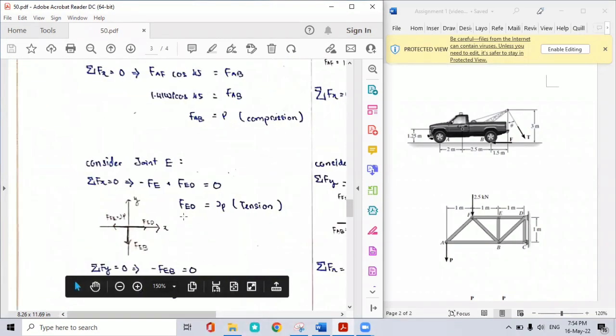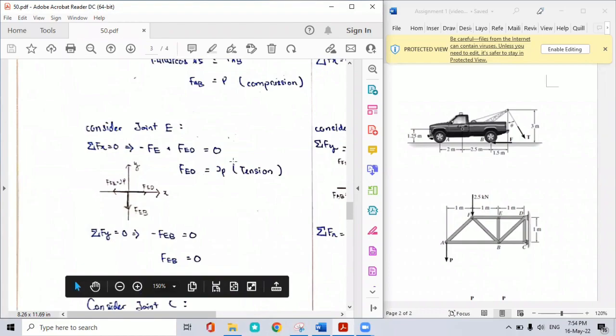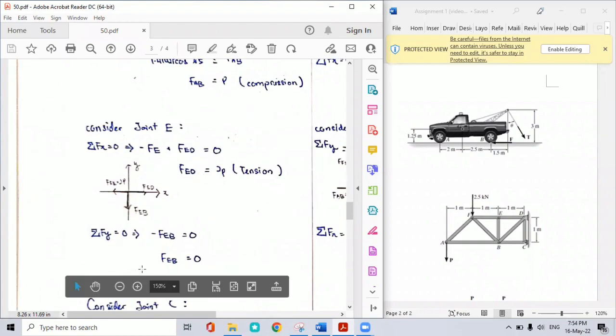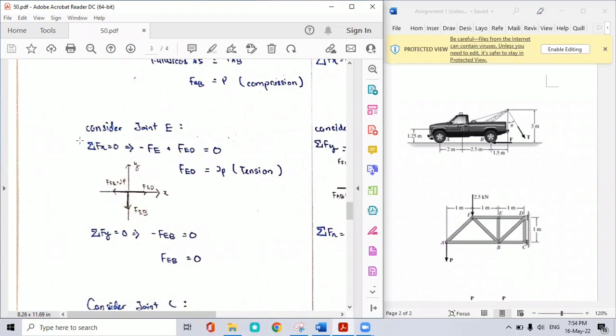Okay, for joint E, the thing is the same. We need to resolve all those angles, but because the angles are already horizontal and vertical, we can just make an equation right here. Considering the horizontal direction, the force going right is positive, and the force going left will be negative.